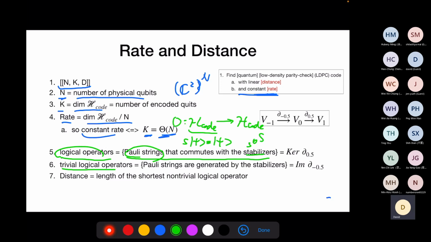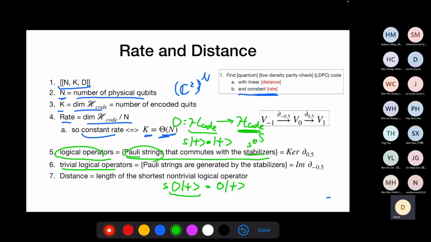Let's call the logical operator O. When you apply the operator to your state, you want it to still live inside the code word. So that means it should also satisfy this condition, since it's inside the code word.